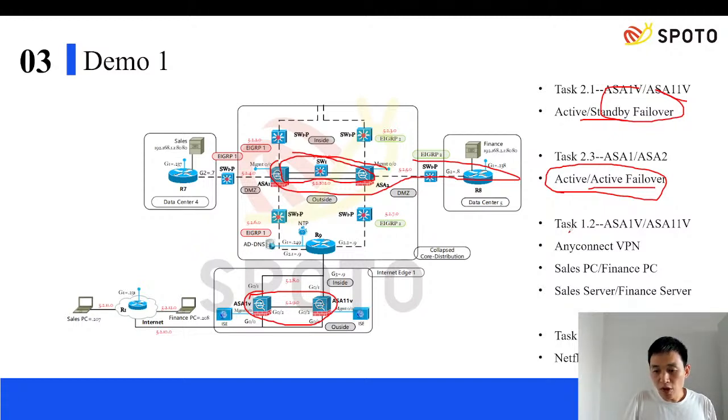We need to deploy AnyConnect VPN between clients and the virtual ASA. Once established, traffic from sales and finance organizations to their individual servers will be secure respectively. Here you can see the traffic.